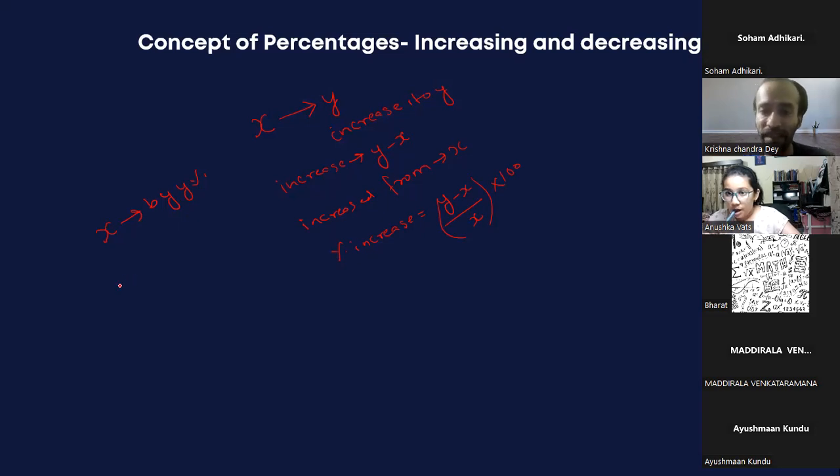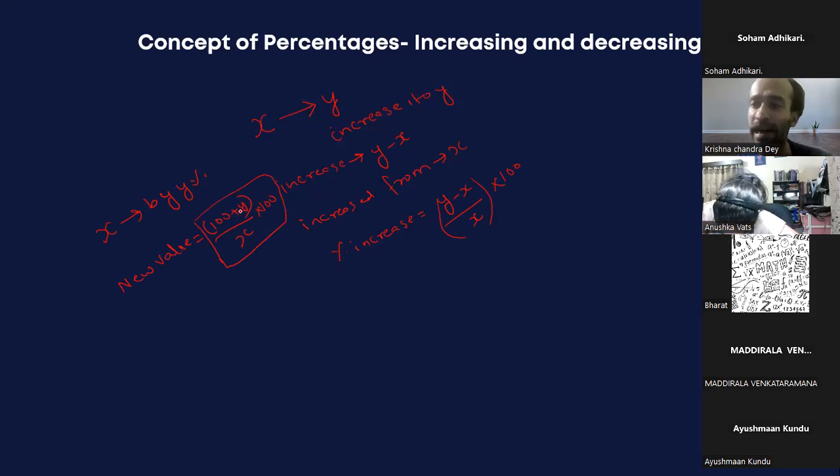Then the new value will be 100 plus Y by X into 100. It will be 100 plus Y by X into 100 because initially it was X. I am increasing it by Y%, not to Y. So be very careful about to and by and all the statements. Is it clear? Any doubt, anyone?